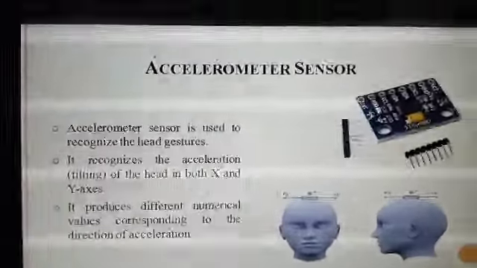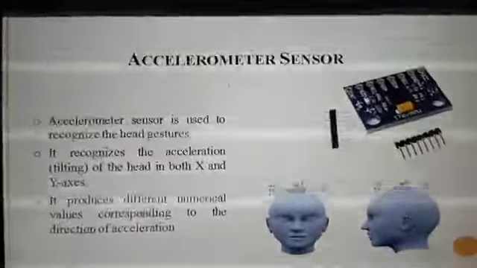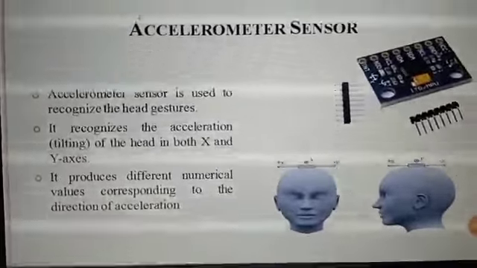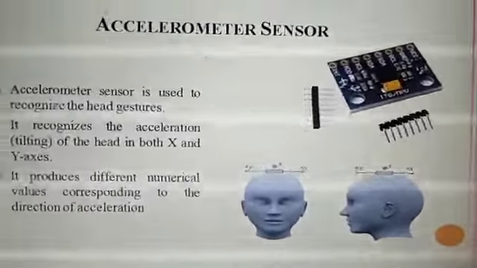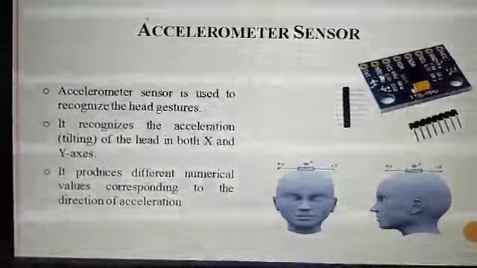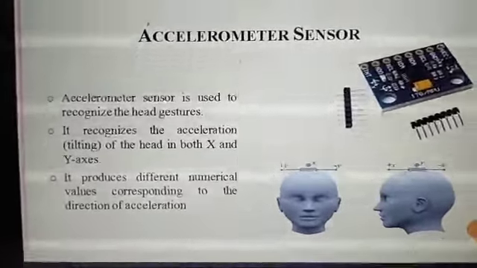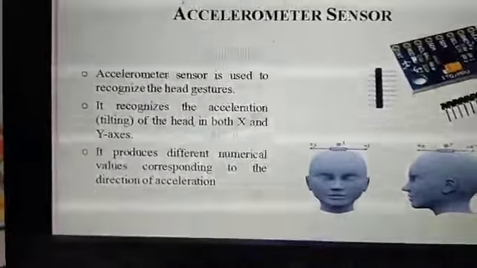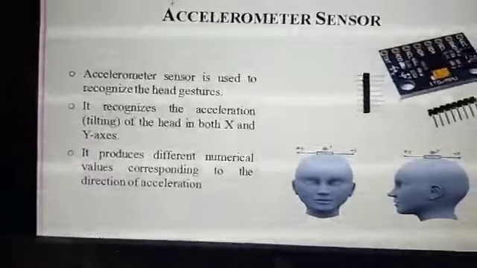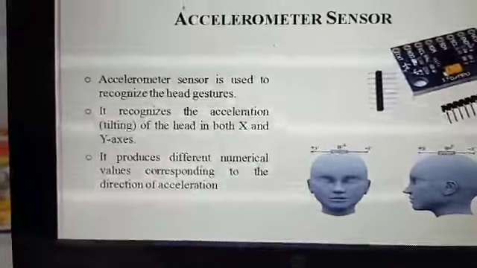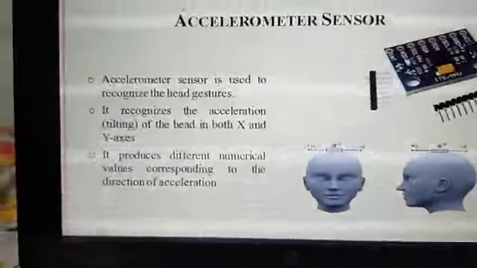The accelerometer sensor senses the head tilt motion of the patient and converts the head tilt direction into the appropriate electrical signals. The accelerometer sensor we have used here is the MPU6050, a 6-axis motion tracking device.